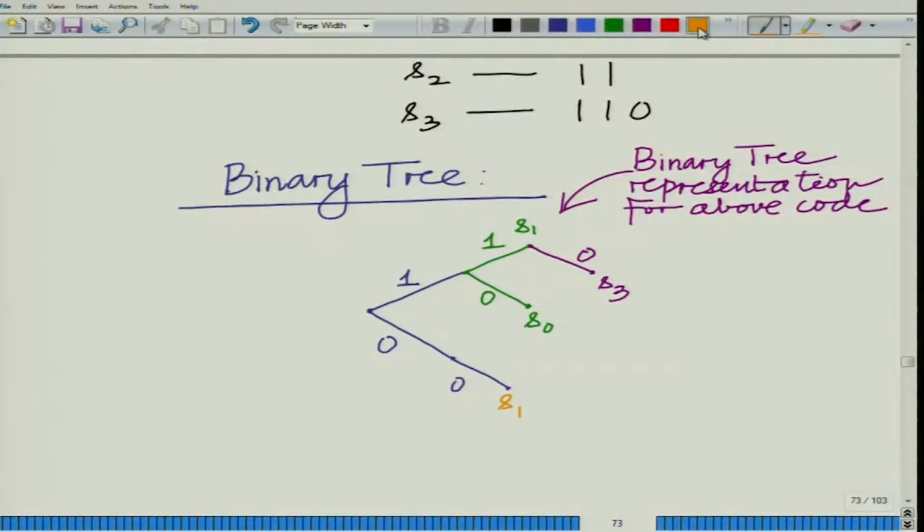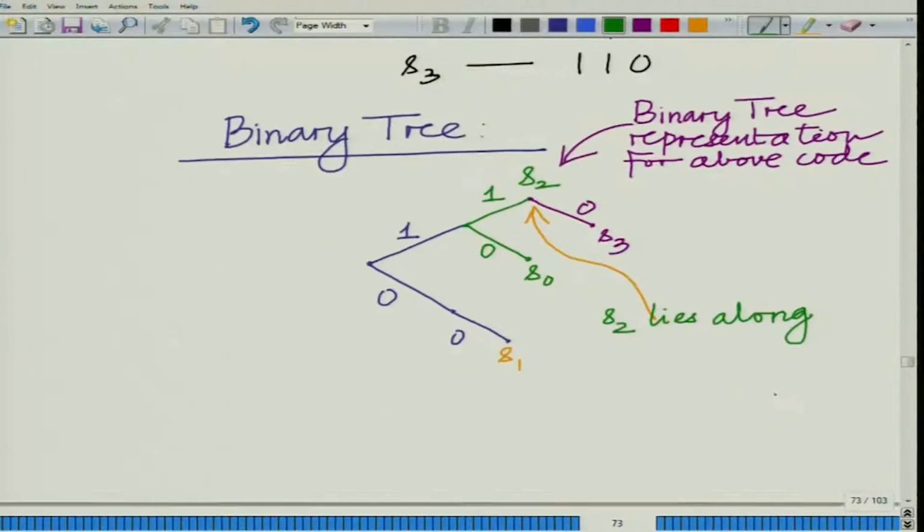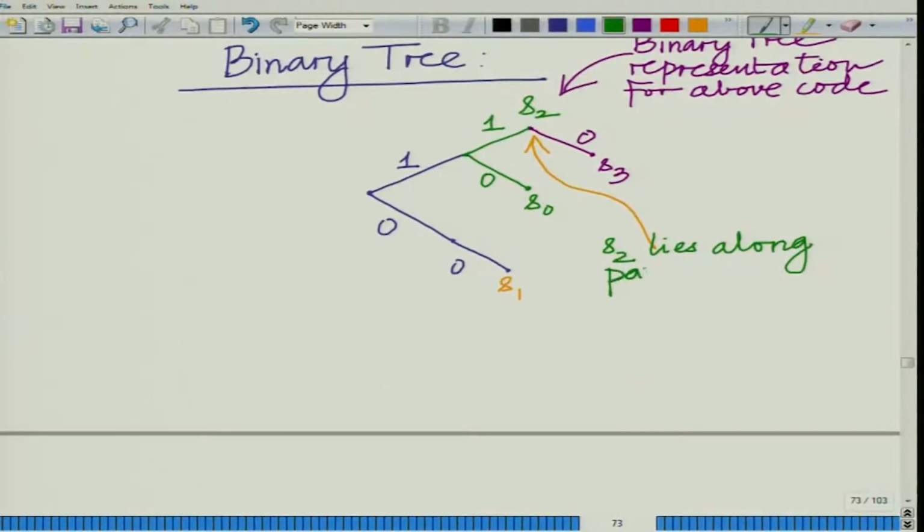Now you can see in this code that this is the code word S2, S2 is 1 1. S2 lies along the path to S3, that is, symbol 2 lies along the path to symbol 3.